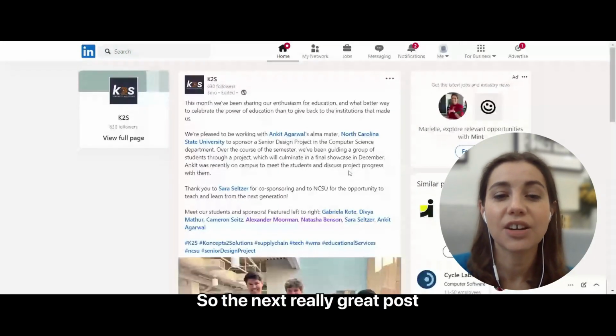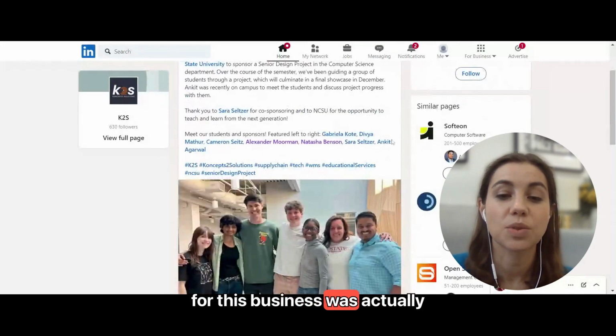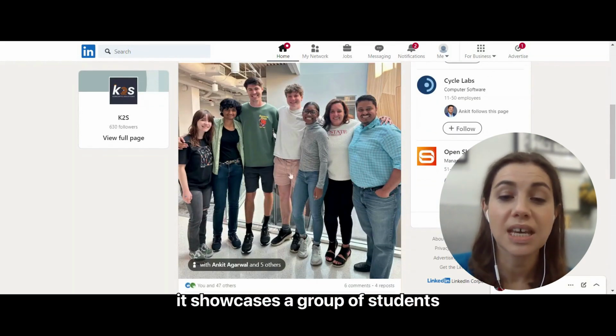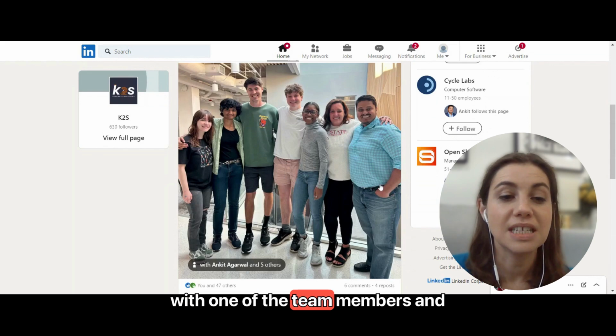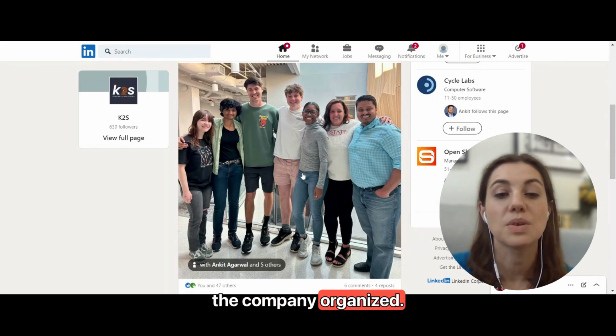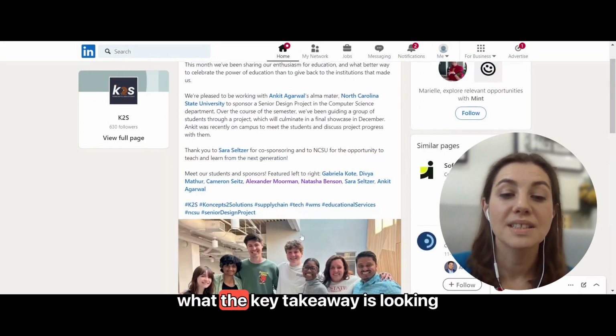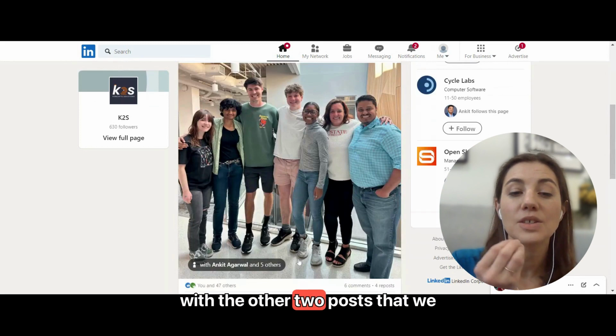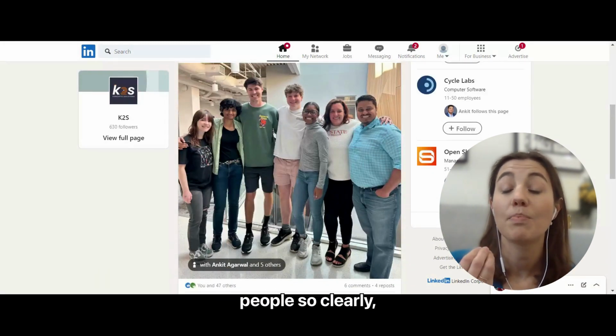The next really great post for this business was this very simple image. It showcases a group of students with one of the team members at a university activity that the company organized. The key takeaway, comparing it with the other two posts, is that we can see people.